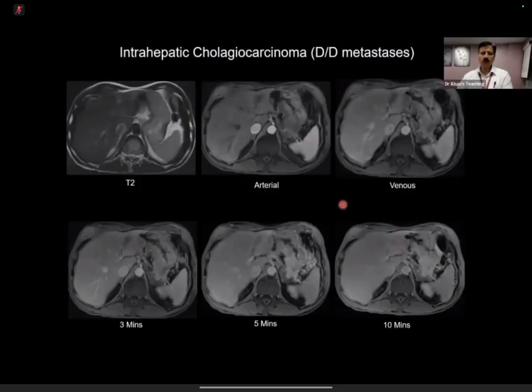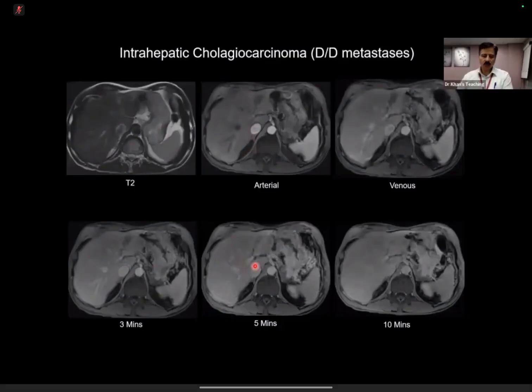First of all, on a T2-weighted sequence, a hemangioma will be brighter. Number two, the enhancement will be nodular. It will not be continuous on early arterial phase. Number three, the enhancement will be equal to the blood pool. What does it mean?